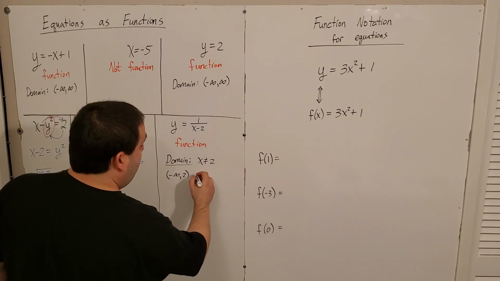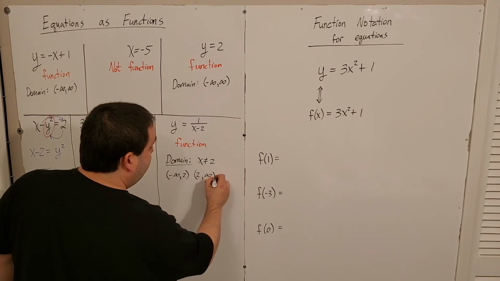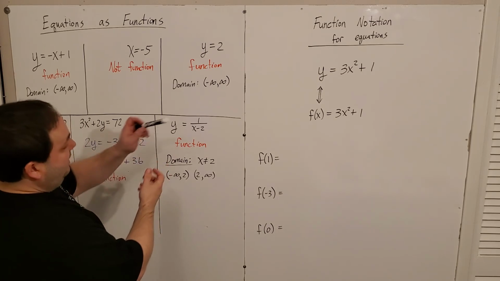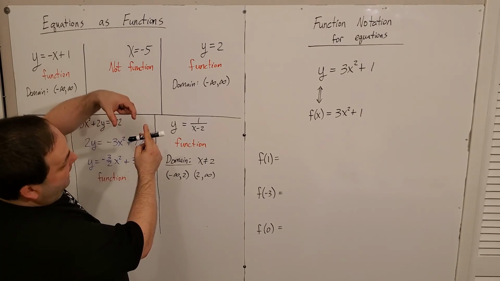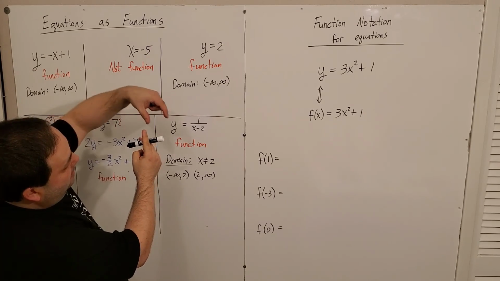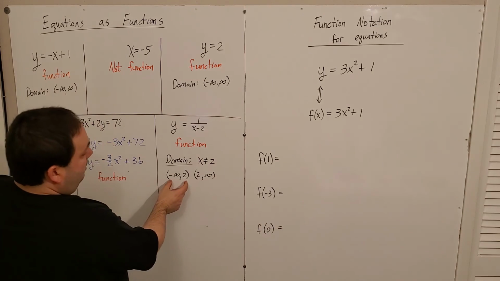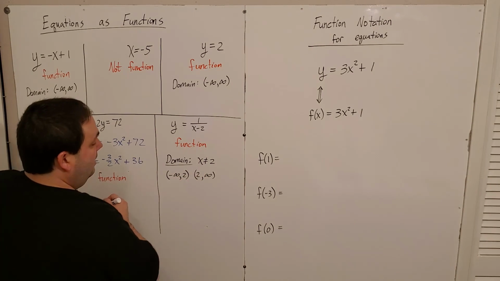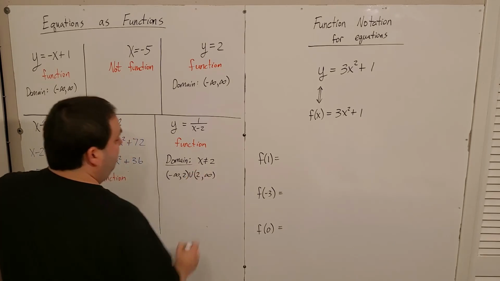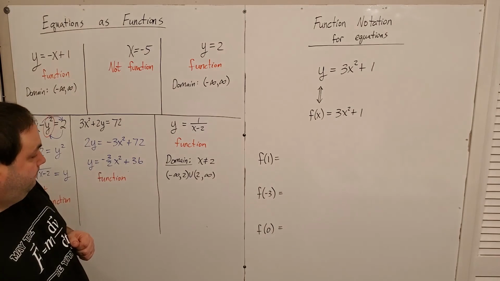And then also it can be everything starting at 2 all the way to the right. So imagine your x-axis and 2 is right there in the middle somewhere. It can be everything on the left of 2. It can be everything on the right of 2. That's okay. But it just can't be 2 itself, which is why there's no brackets there. And then to finalize it, you just put a union symbol between them to show that they're united in one answer set.